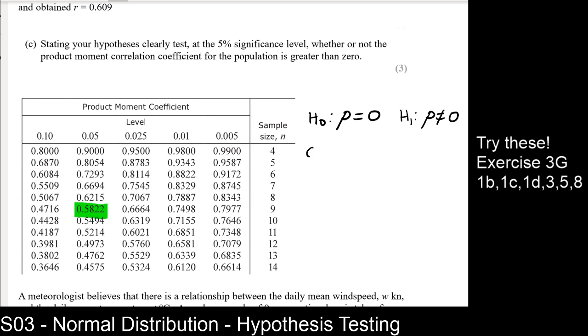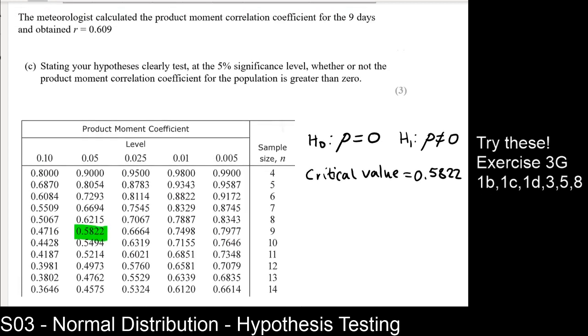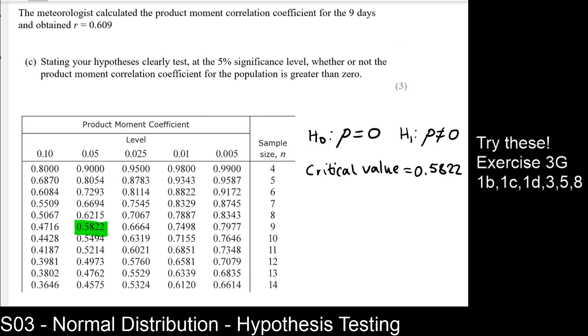We'd write down that our critical value is going to be 0.5822. And then we compare this to the value of r that we get from our sample.